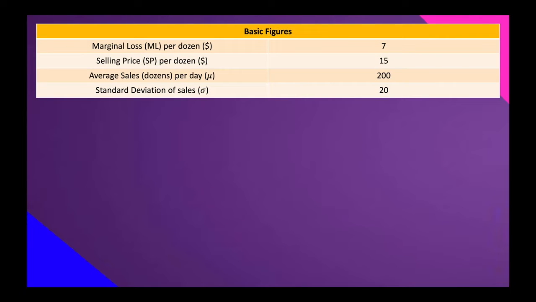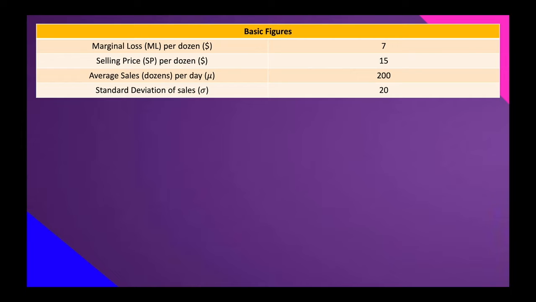Let's have our table of the basic figures. Actually, this came from the problem, I just put it into table form. First, we have the marginal loss, or ML, per dozen. That is in dollars, and that is 7. The selling price is SP, that is 15 dollars. Second, average sales, per dozen, this is not per piece.